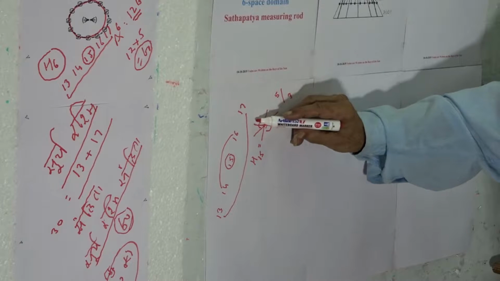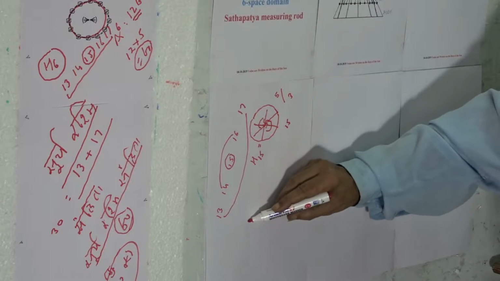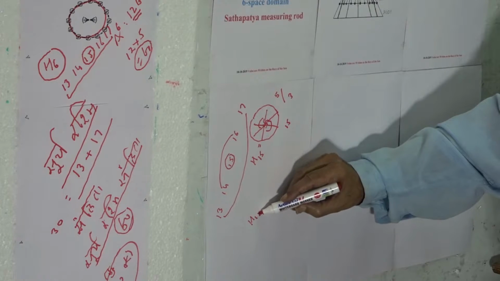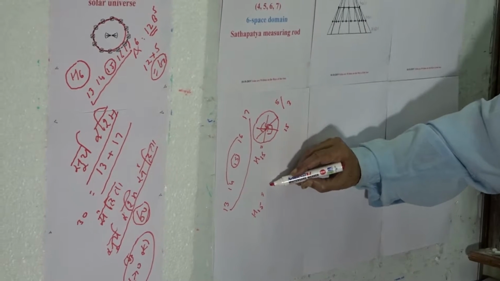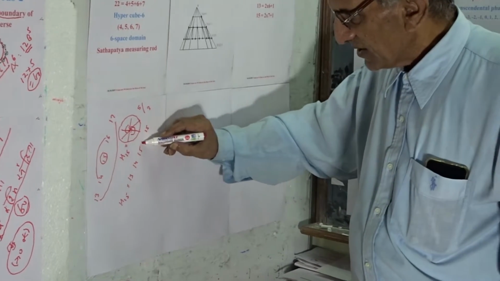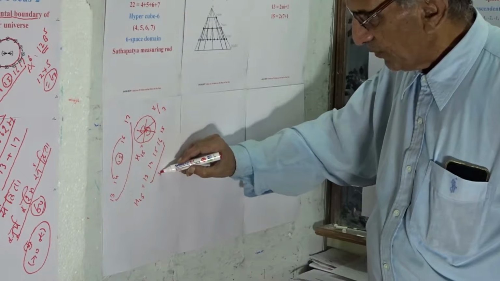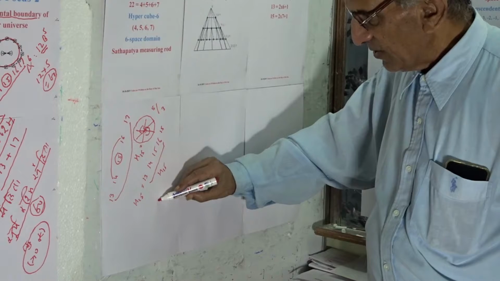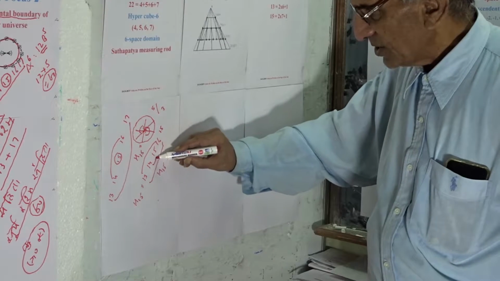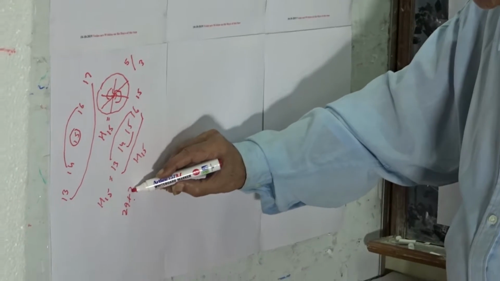Now this dimensional frame as a domain of hypercube 15 will lead us to values 13, 14, 15 and 16 as a value of hypercube 15, which is 29, and 29 plus 29 is 58.